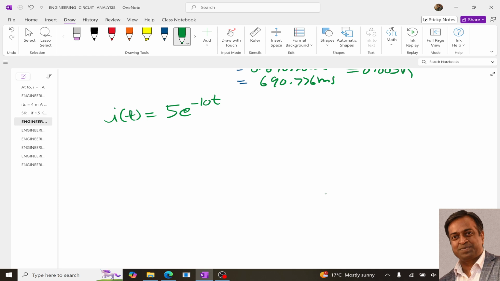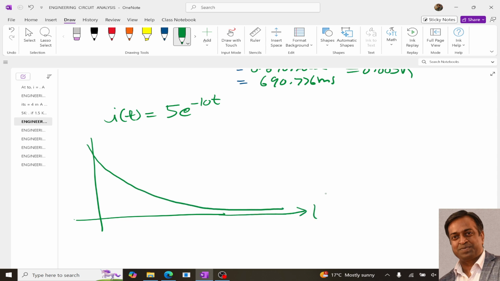If I want to graph it, I know that the graph is an exponential decay function, right? And when we want to draw the exponential decay function, we know the curve will be something like this. The only thing that we need to mention is this point. What will be this point, right?